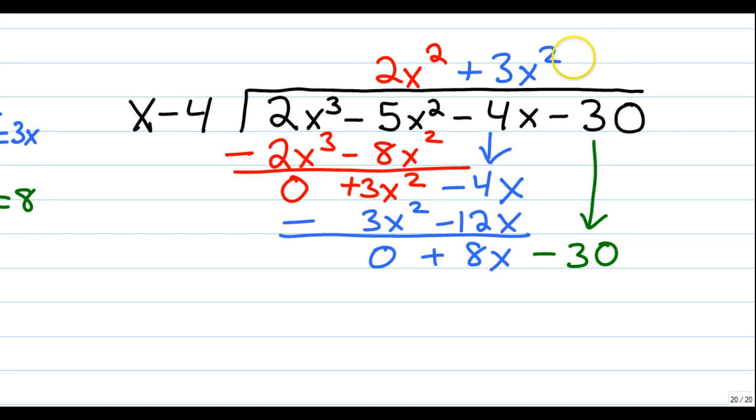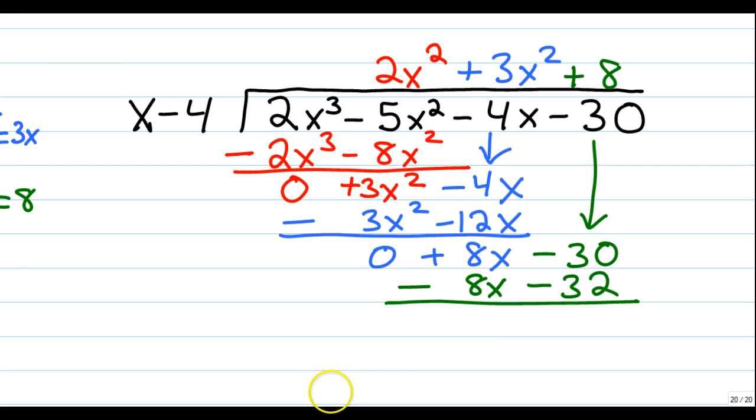So we'll come in here and we'll put that plus 8, that positive 8, above the term. And we're going to distribute it in. So 8 times x gives you 8x. Stop. Make sure they match. Remember, they need to clear down to a 0. If they don't, come back over here and check that math. Right? Then the 8 times the negative 4 is going to get us a minus 32.